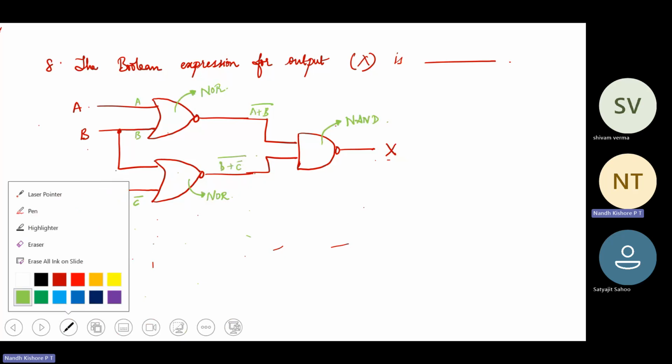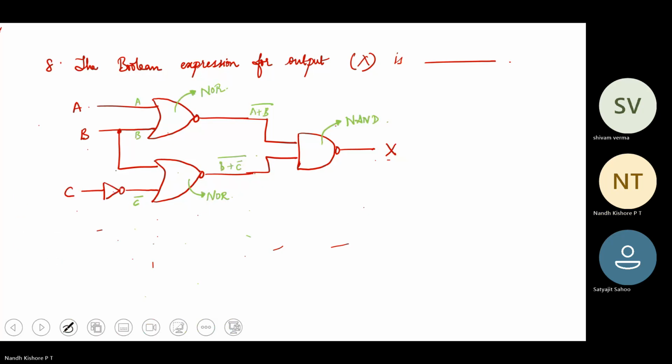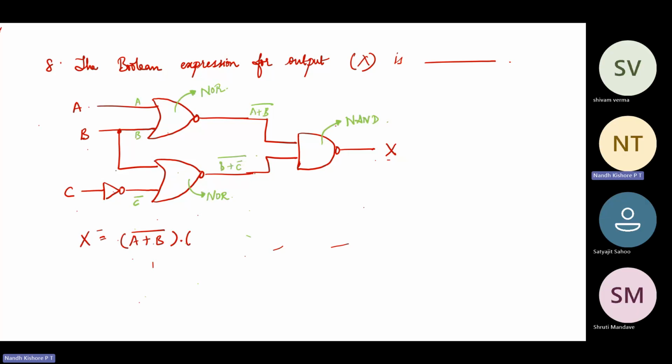Okay. So what is your output? Your output is going to be A plus B bar, right, into B plus C bar the whole bar.